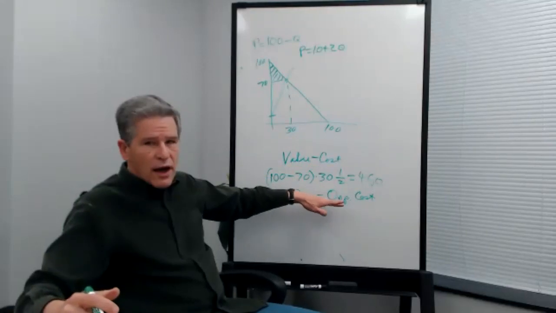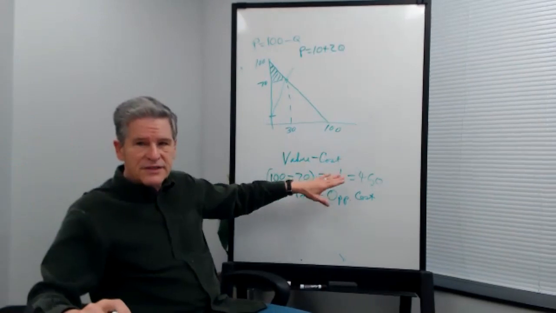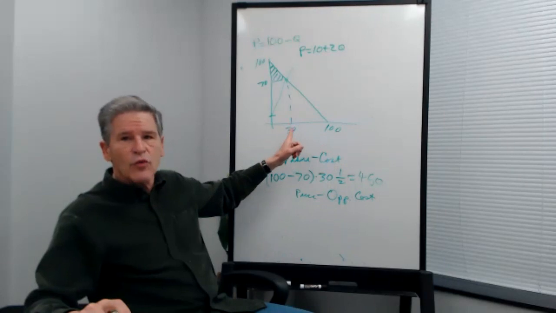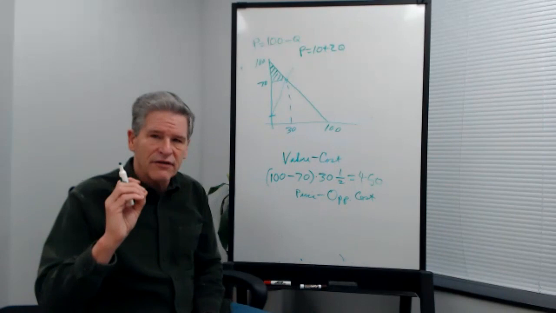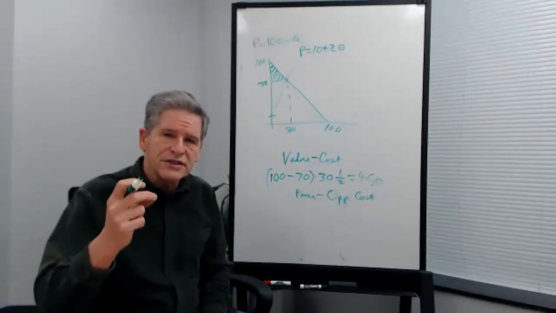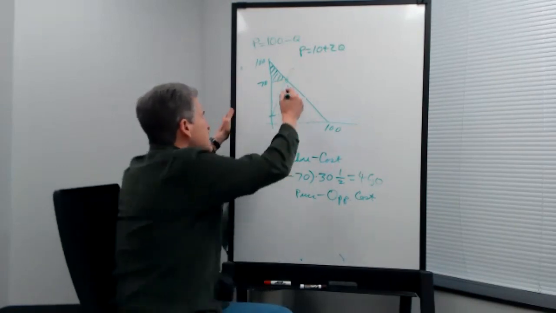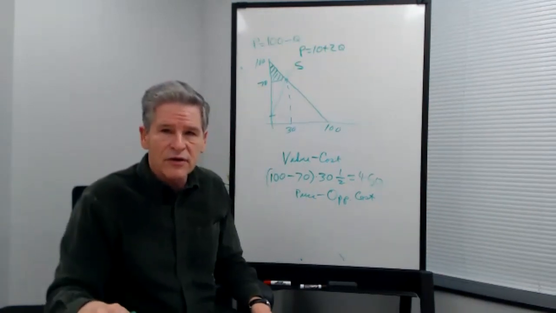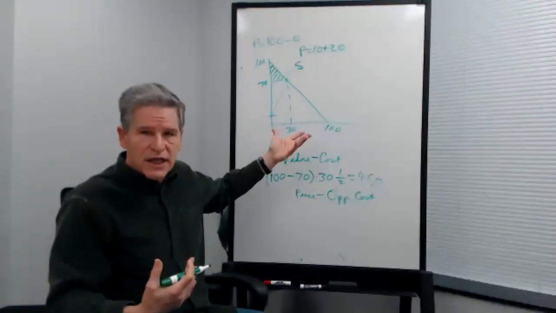And when I introduced supply to you 3 weeks ago, I said that the height of the supply curve represents the opportunity cost, because the seller won't sell it if he's offered slightly less than the opportunity cost, he'll refuse to sell the unit. But as soon as price is equal to the opportunity cost, he'll sell it. And that means that this is not only a willingness to sell curve, it also equals opportunity cost, or what the seller gives up.